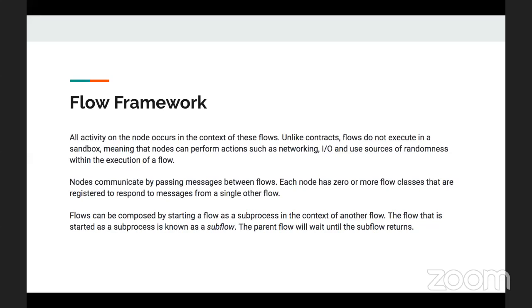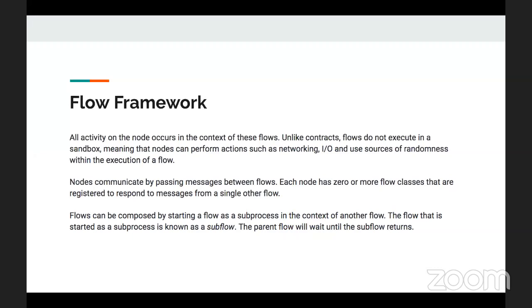So flow framework, when you look at the flow framework, every activity on the node happens through this flow. It is different from contract. Contract is executed in a deterministic JVM sandbox, but flow is not executed in a sandbox. Flow has all the capabilities for asynchronous execution, multi-threading. This is very important.